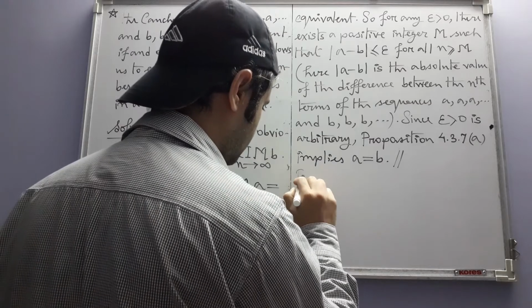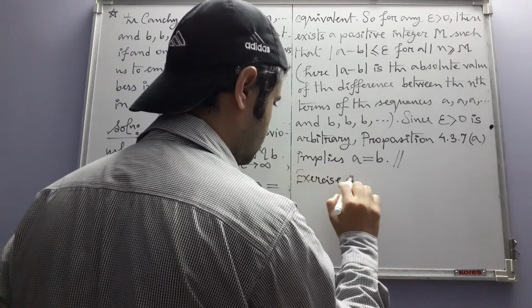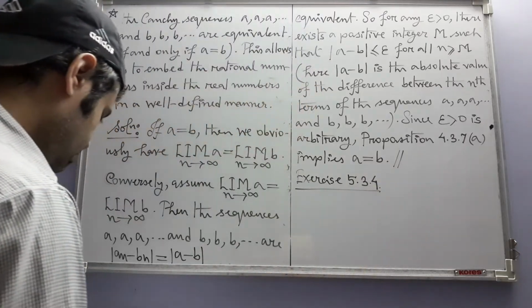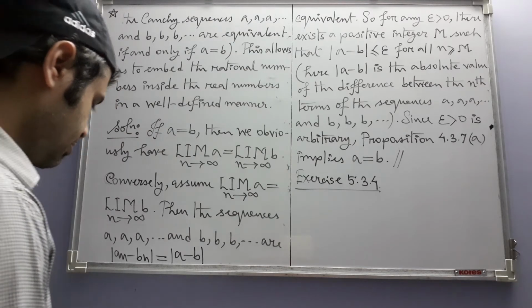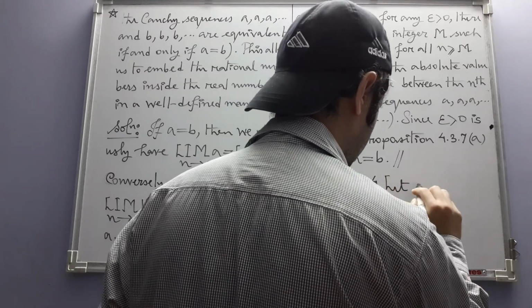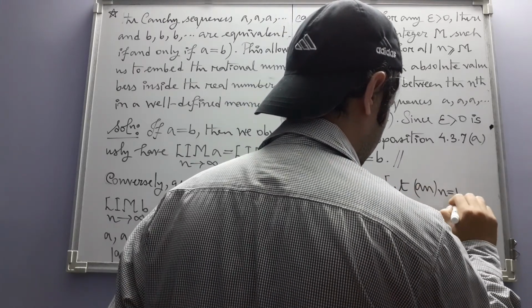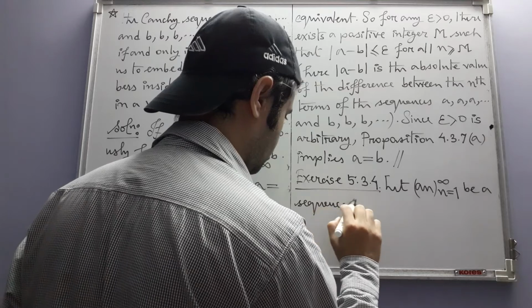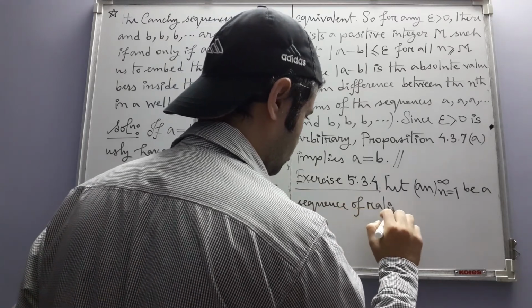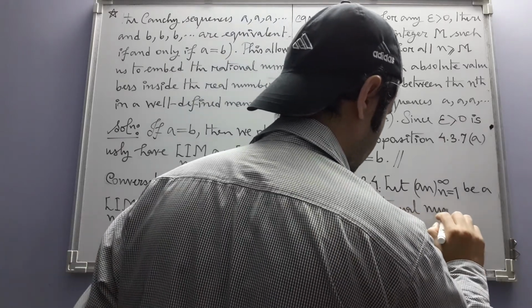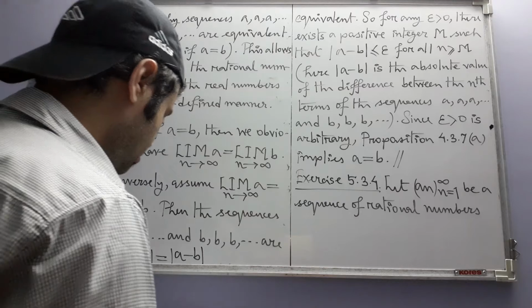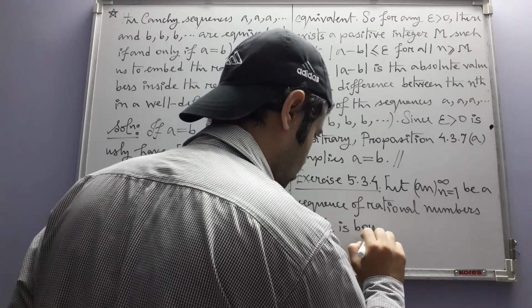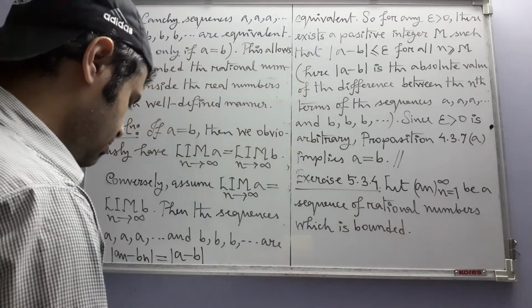Then two more are there. 5.3.4. Let An be a sequence of rational numbers which is bounded.